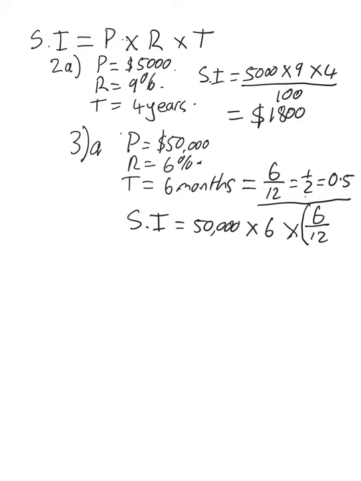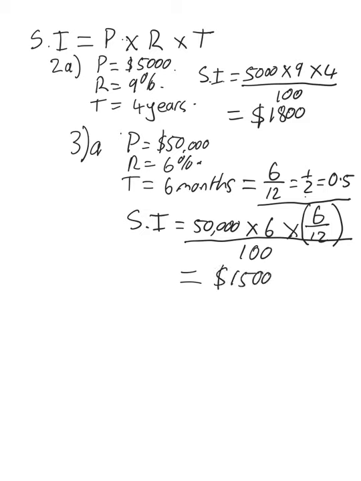So I'm going to enclose it all in a bracket. So if you write your T as a fraction, all as part of the numerator, then you must enclose it in a bracket when you put it into your calculator. Now that will come out as $1,500.